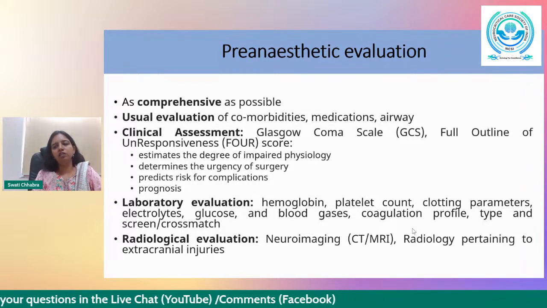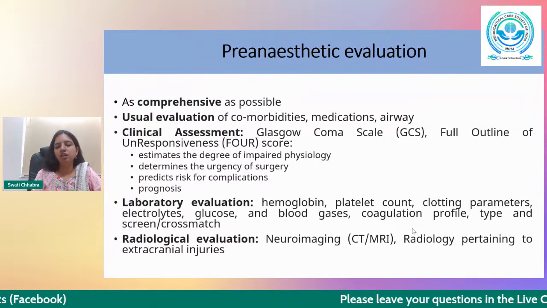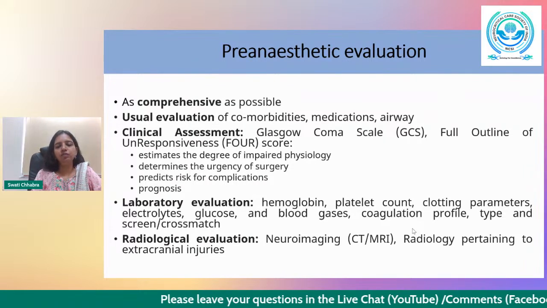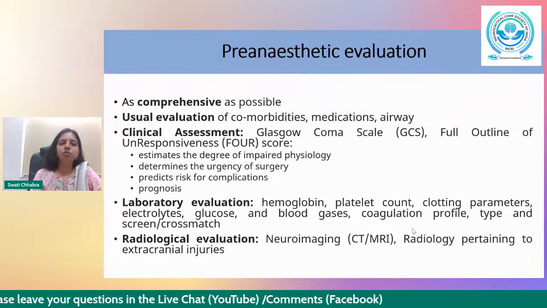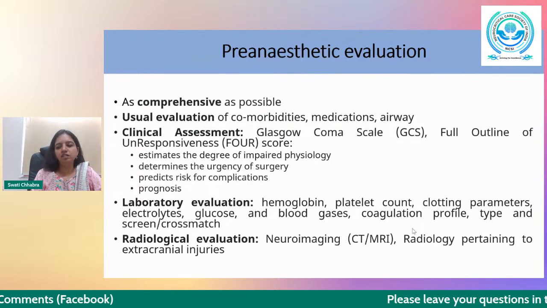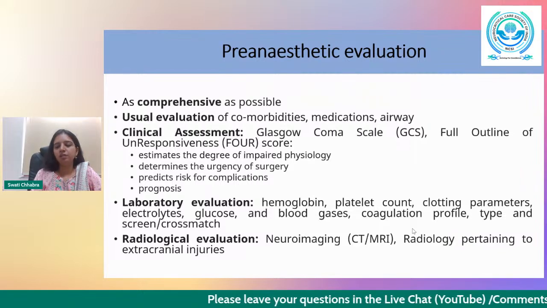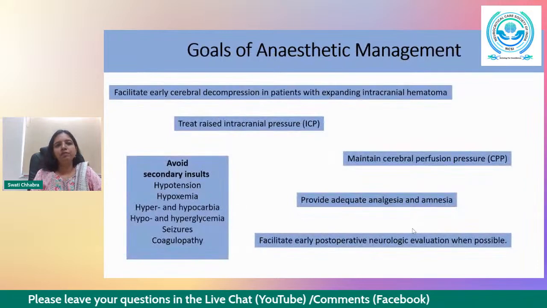If lots of blood loss is expected due to secondary or extracranial injuries, we should keep type and screen or cross match as the case might be. Radiological evaluation, CT, would have already been done, and we can also do imaging for other extracranial injuries, like CT thorax or abdomen, or just a FAST scan to rule out abdominal or chest injuries. But time is important, so we should evaluate based on the time available.